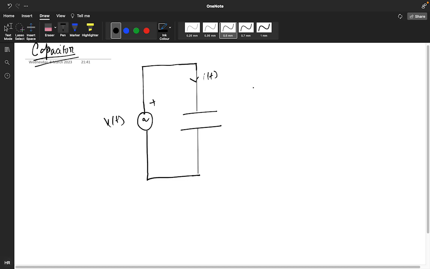So, what is the basic formula of a capacitor? I of t is equal to C dV upon dt, right?